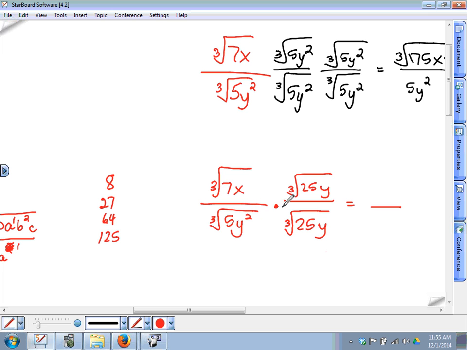What is 25 times 5 right here? And what's the cube root of 125? 5. And then y squared times y is y cubed. But what's the cube root of y cubed? Y. It's just y. So all you have on the bottom is 5y.